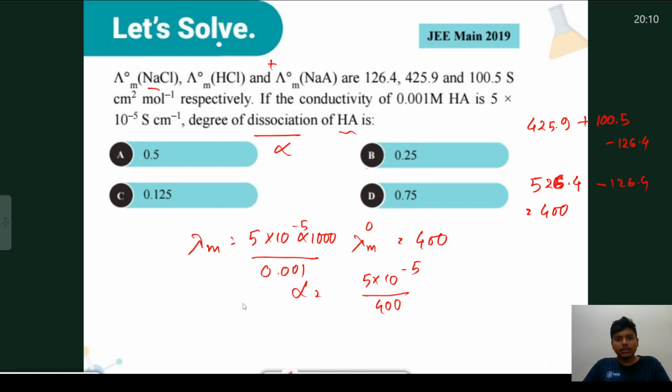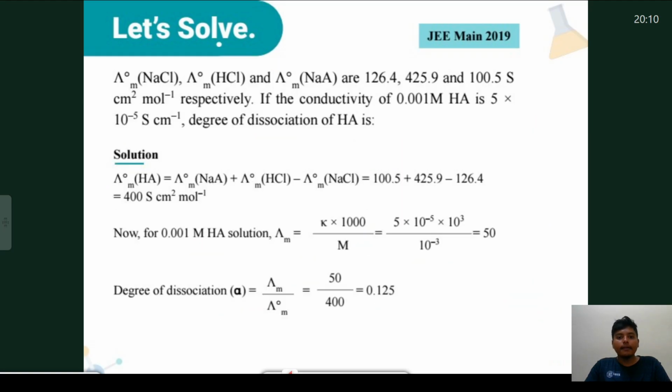It will become 10 power 6, so it will become 50 multiplied with 10 power 6. So it will become 50 divided by 400, so 1 by 8, which is 0.125. Clear? See, check. First kappa value is given, lambda m you need to find out.